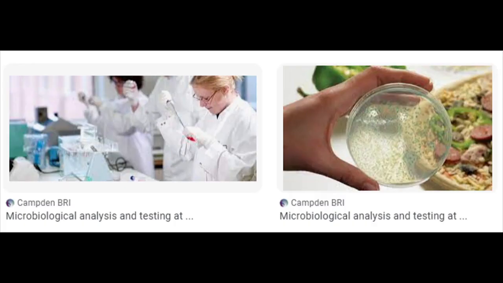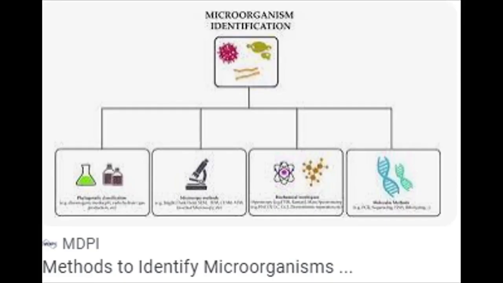It may involve enrichment in media which encourage growth of the pathogen while suppressing the growth of the accompanying flora, followed by isolation on selective diagnostic media, and finally, the application of confirmatory tests. So all these are going to be done on the pathogen before you can detect that this is the pathogen. But with indicator species, you don't need to do all that.